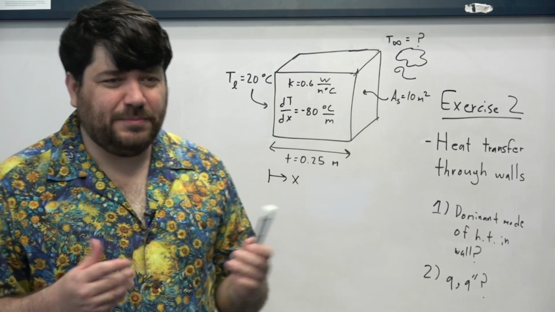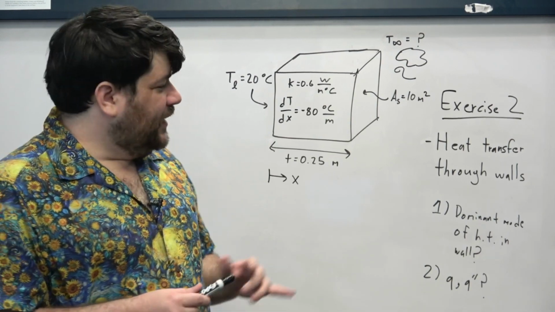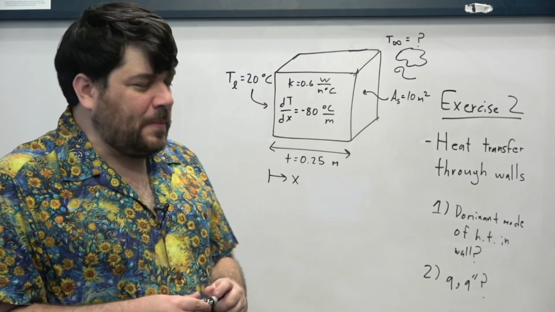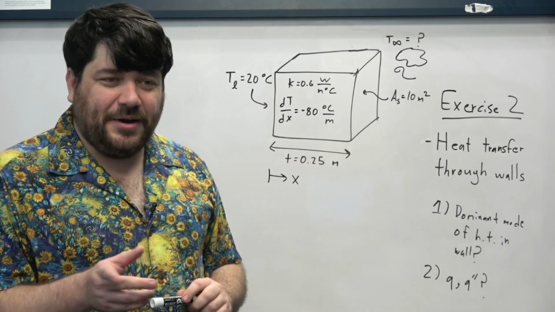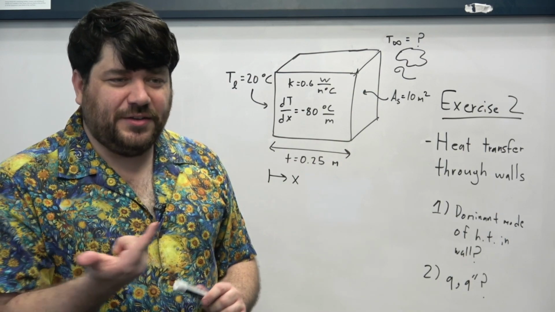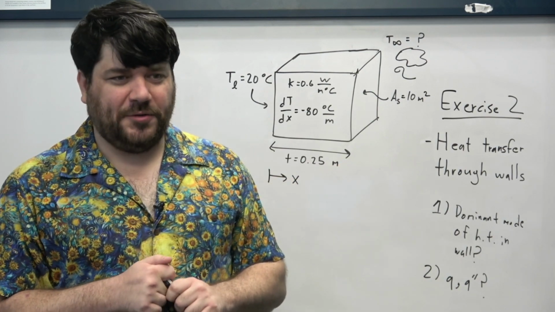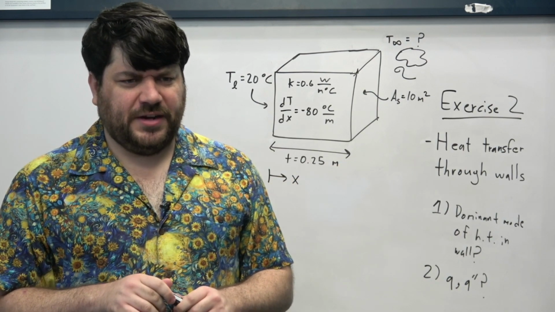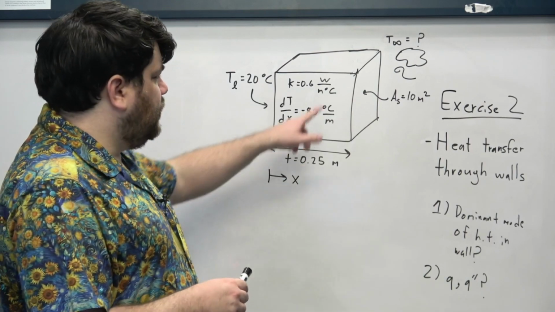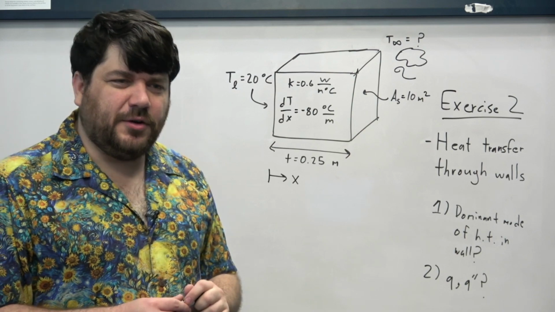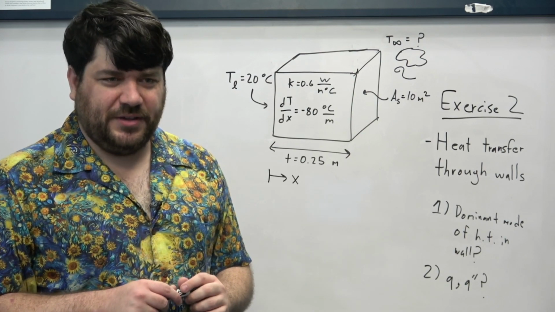And perhaps one of the simplest and most common systems of this type is a wall, right? An insulating wall. And so what we're going to work on now is trying to use both of the equations that we developed to understand heat transfer that happens through walls. So here's the physical scenario that we're working with. Let's suppose that I have this brick wall right here, which has a thermal conductivity of 0.6 watts per meter degree Celsius.